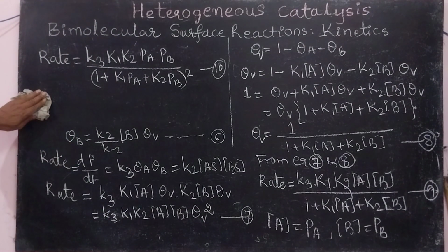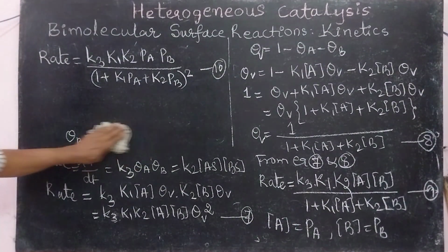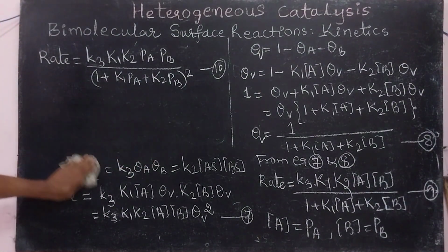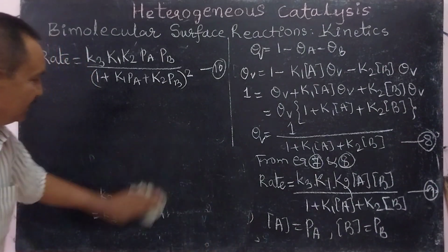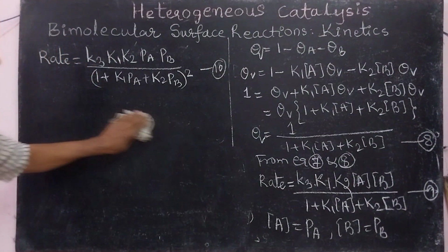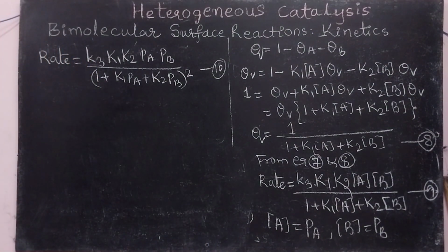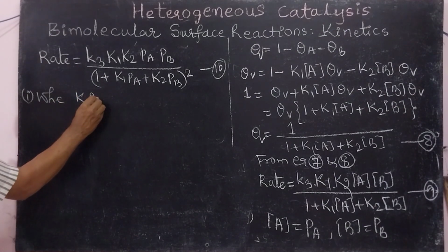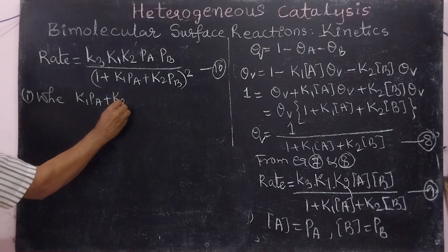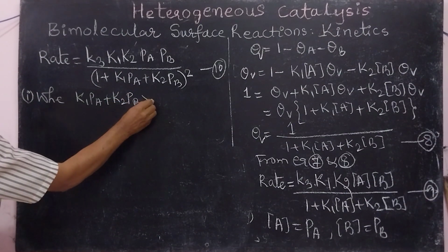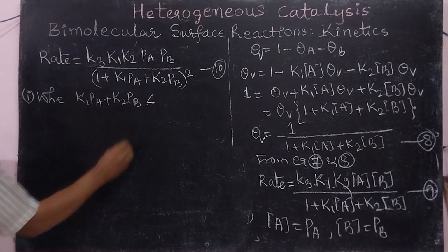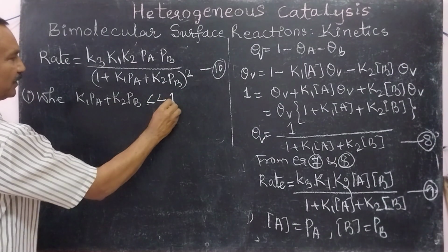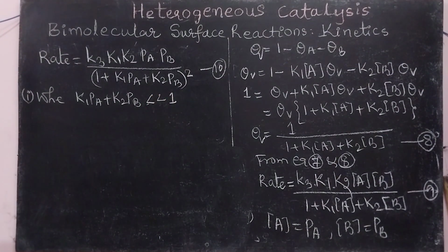Then we can apply the extreme conditions for this reaction. First condition, when K1 PA plus K2 PB is very much smaller than 1.